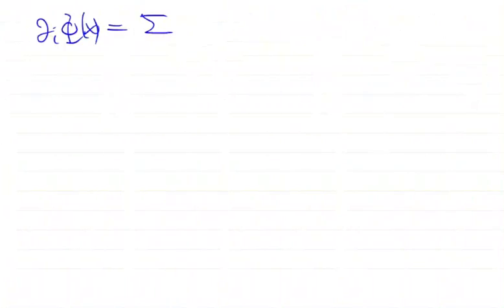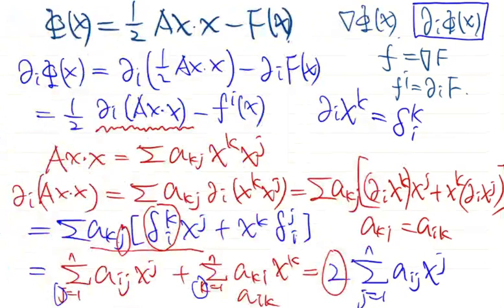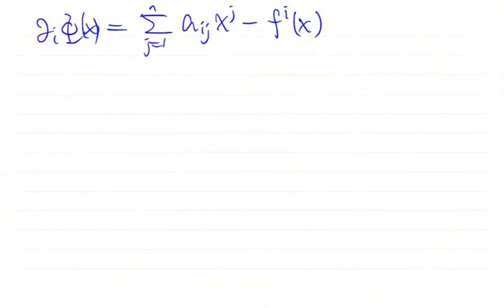So our conclusion is that it is the sum over j from 1 to n of a_ij x_j minus f_i(x).